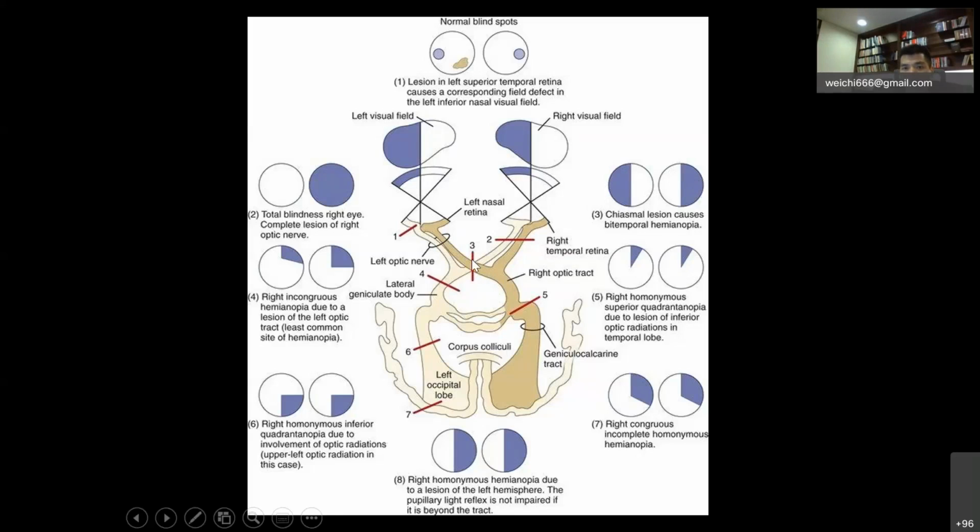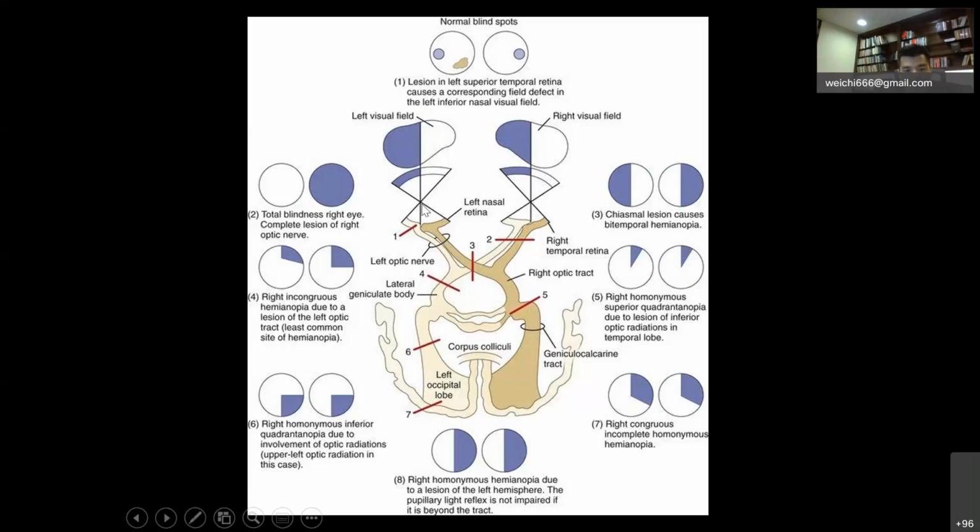Okay. So for example, let's say a patient has a visual field defect in the right eye, and the left eye is completely normal. The likely location of the lesion is the optic nerve of the right eye, because all the signal from the nasal field as well as the temporal field could not be sent to the visual cortex for processing.